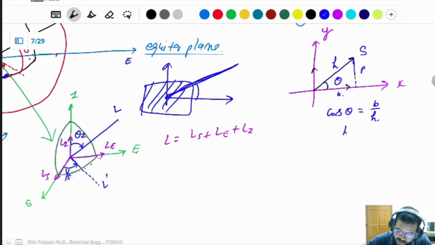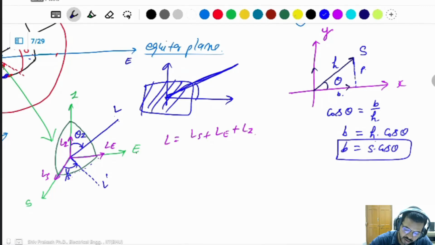Then what is the base? Hypotenuse into cos theta. Then base is equal to s cos theta. Now I think all of you know about this. This is known as the cos theta factor. This will be the sin theta factor. This will be known as the s sin theta, and this will be the s cos theta.